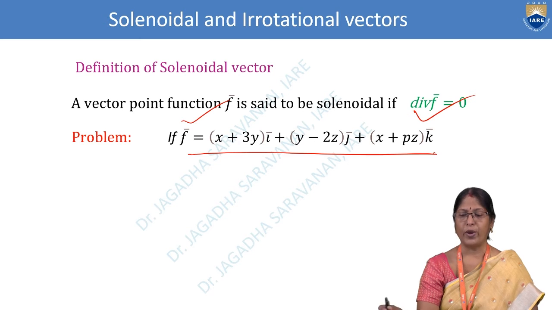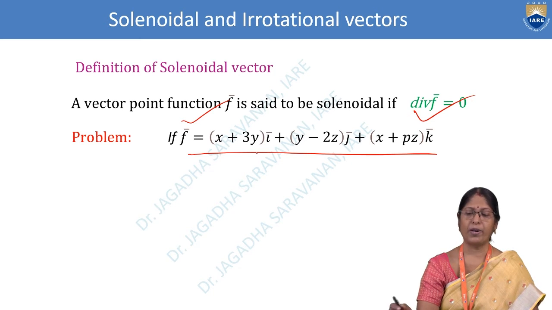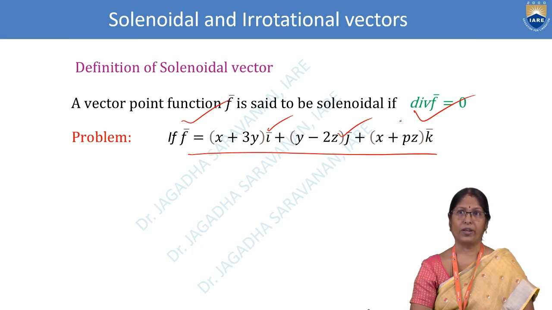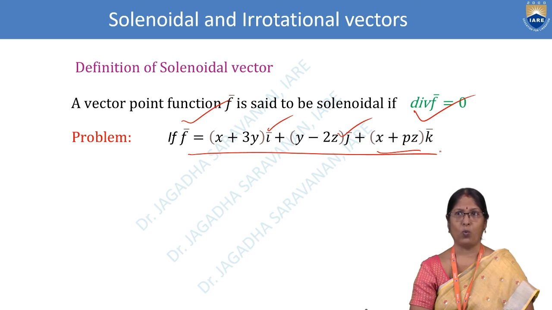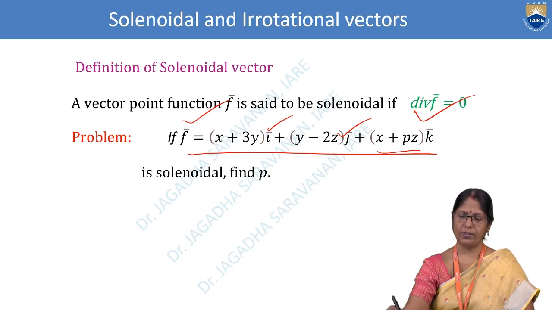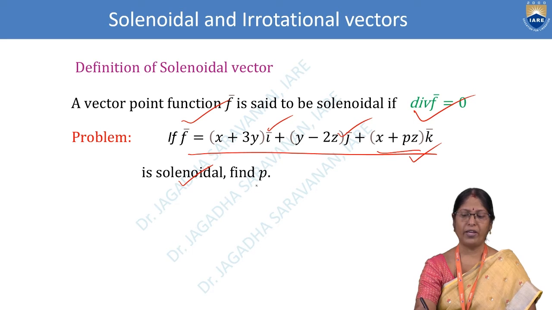If the vector f, this is the equation, x plus 3y in the i vector, plus y minus 2z in the j vector, plus x plus pz in the k vector, is solenoidal, that means the given vector satisfies the condition of solenoidal. Find p.